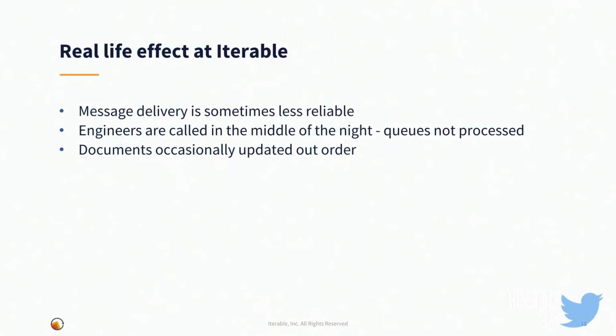So all of these problems that I mentioned manifest as real world issues that affect real people. Our marketers send us messages that we're sometimes not as reliable in delivering. And engineers like Greg and I get called in the middle of the night with alerts saying, hey, queue is not processing.